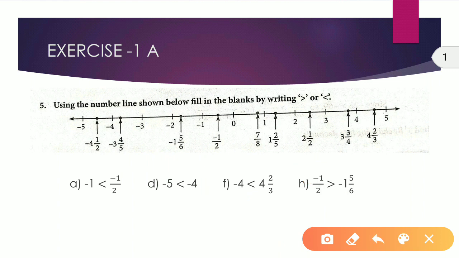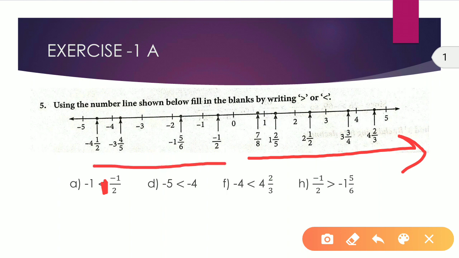Now let's solve the first question. You have to find out which one is greater between -1 and -1 by 2. Now as you can see, this is the right hand side, which is the positive numbers. This is the left hand side, which is the negative numbers. Here both are negative numbers.